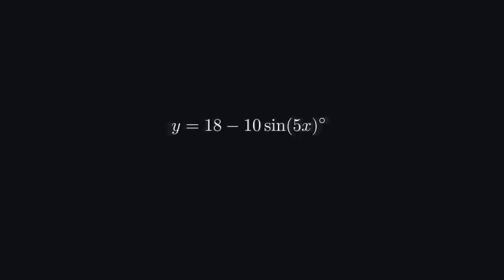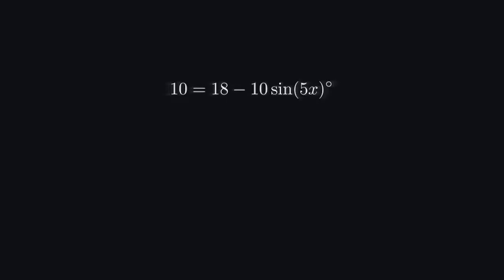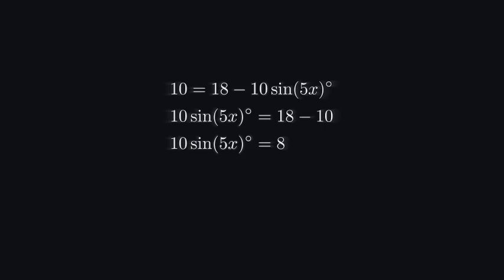So 10 equals 18 minus 10 sin of 5x degrees. 10 sin of 5x degrees equals 18 minus 10. 10 sin of 5x degrees equals 8. Sin of 5x degrees equals 8 over 10.